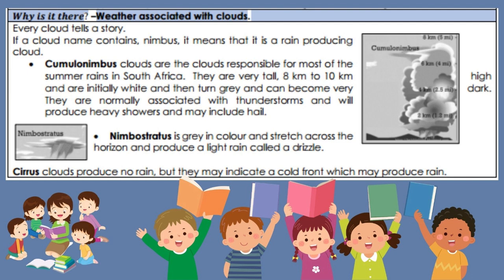They are normally associated with thunderstorms and will produce heavy showers and may include hail. Nimbostratus is gray in color and stretches across the horizon and produces a light rain called a drizzle. Cirrus clouds produce no rain, but they may indicate a cold front which may produce rain.